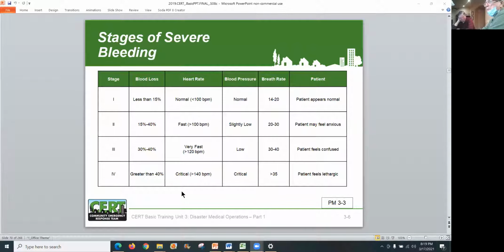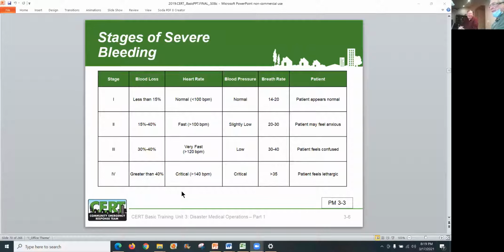Okay. Blood loss. Let's just say you're in column 2 on blood loss and line 1. With severe bleeding, we'll always start with a pulse. Why is that?